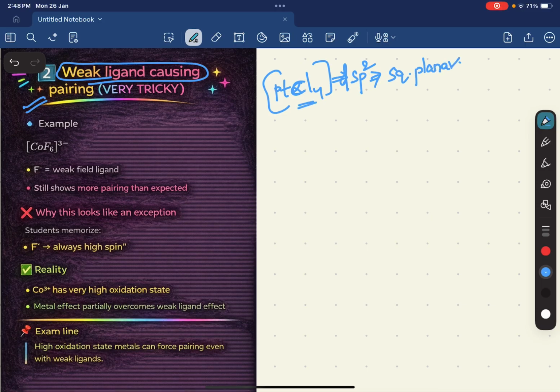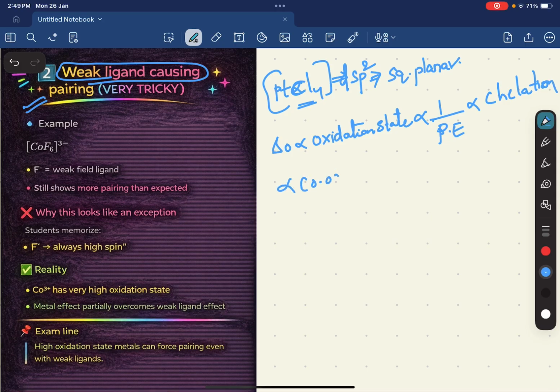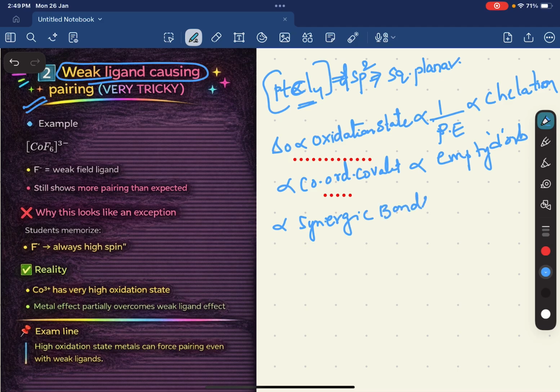So the delta naught depends on many factors. Delta naught, CFSE, is directly proportional to the oxidation state of the metal, directly proportional to 1 by pairing energy, directly proportional to the chelation effect, meaning more ligands, more delta naught, directly proportional to the number of coordinate covalent bonds, directly proportional to empty d orbitals, directly proportional to synergic effect or synergic bonding, and directly proportional to the strength of the ligand.